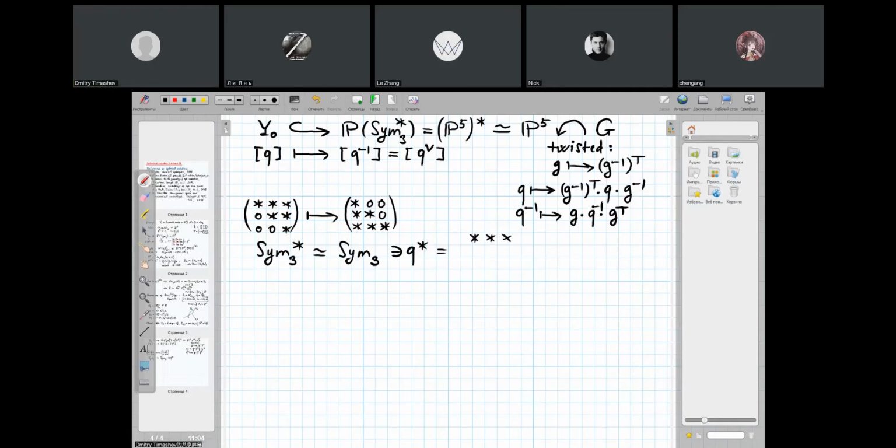Let me draw this matrix here. Okay, so under this lower triangular Borel subgroup, the upper left corner minors will no longer be semi-invariant.